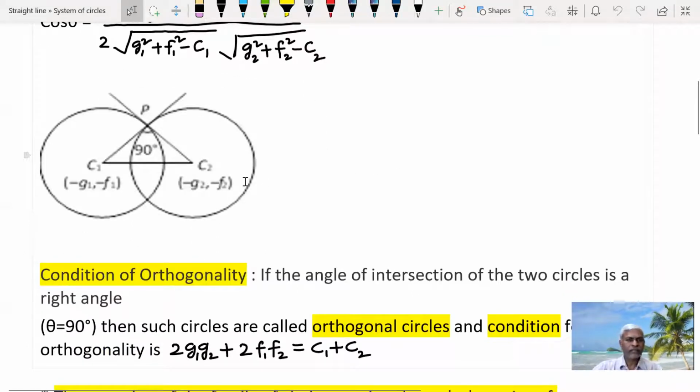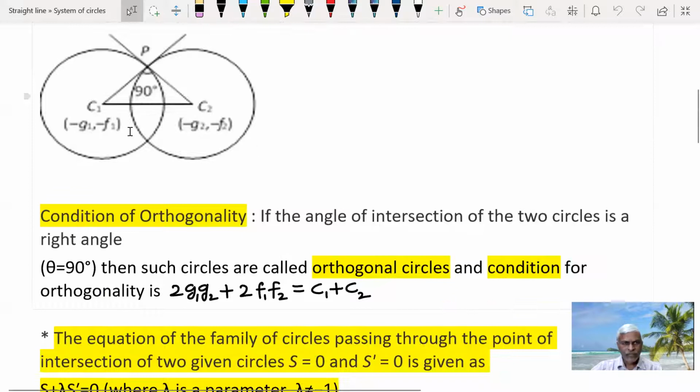Look at the figure. Two circles intersecting and the tangents at that intersecting point for two circles. So this angle between the tangents at the point of intersection is the angle between the circles.